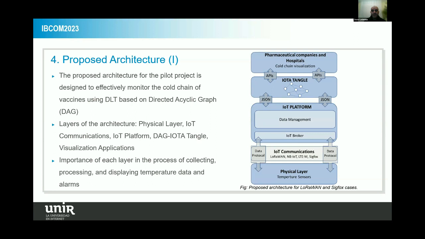Each layer of the architecture is essential for ensuring the seamless collection, processing, and display of temperature data and alarms in real time or near real time, because real time means immediately. So in this case, we propose near real time. But near real time many times is enough for critical use cases.